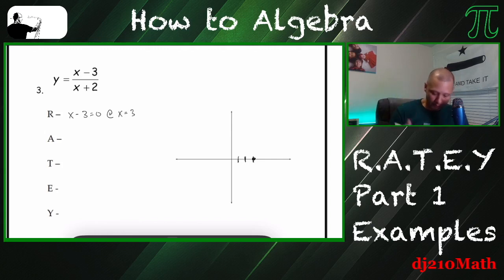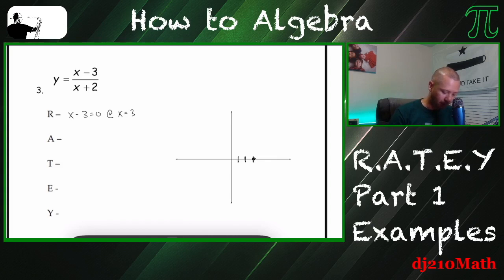So right away, you can start thinking, okay, it has to cross at 3. Is it going to cross like this? Is it going to cross like this? Because it has to cross some way. So you can start thinking ahead. How is it going to cross?